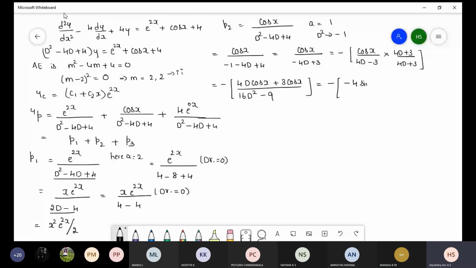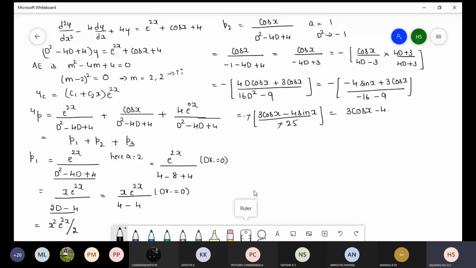As I told, minus 16 minus 9. So here we get 3 cos x minus 4 sin x. Here I write outside this minus only, divided by minus 25. Minus minus will get cancelled. So here 3 cos x minus 4 sin x divided by 25. This is P2.